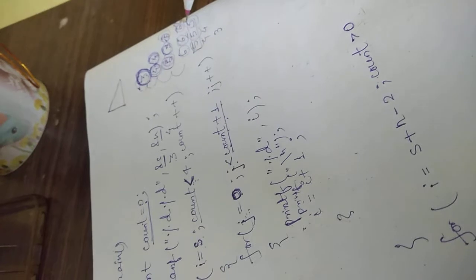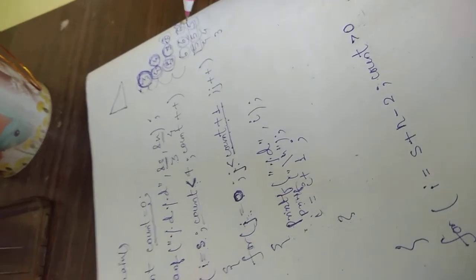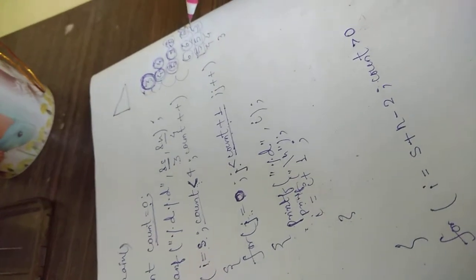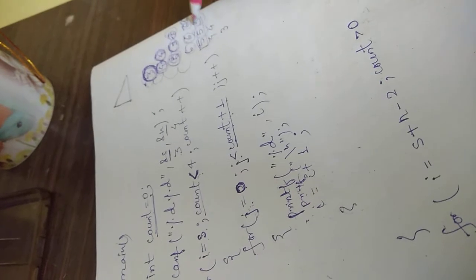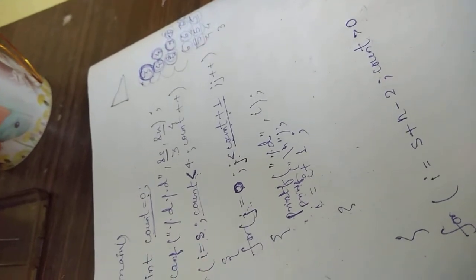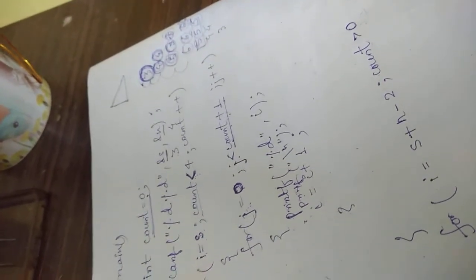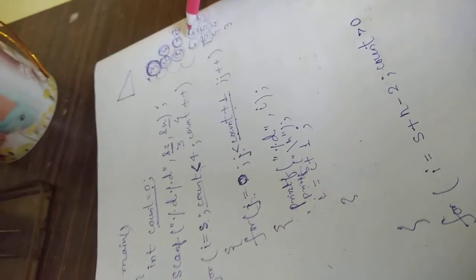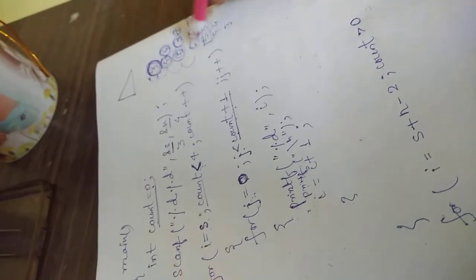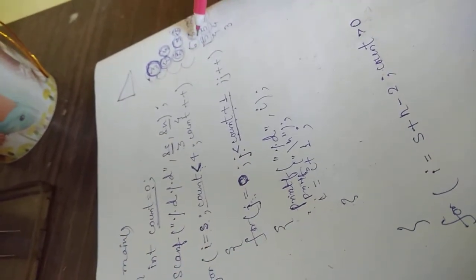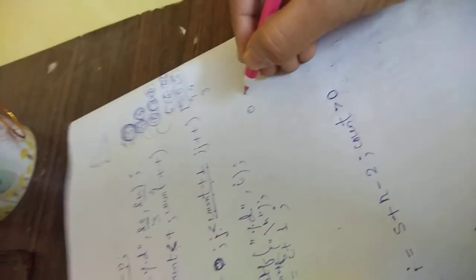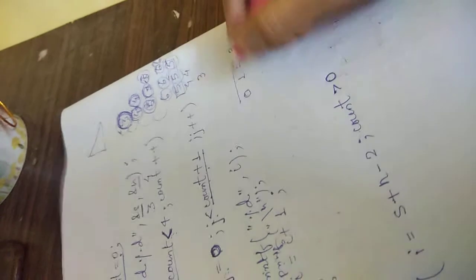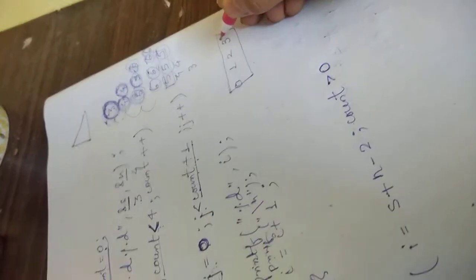The count value is 0, 1, 2. Why? Because the highest value of count is here 0, 1, 2, 3. Till 3 it is going. And if we say that, see, the count value is 0, 1, 2, 3. Maximum it is 3.